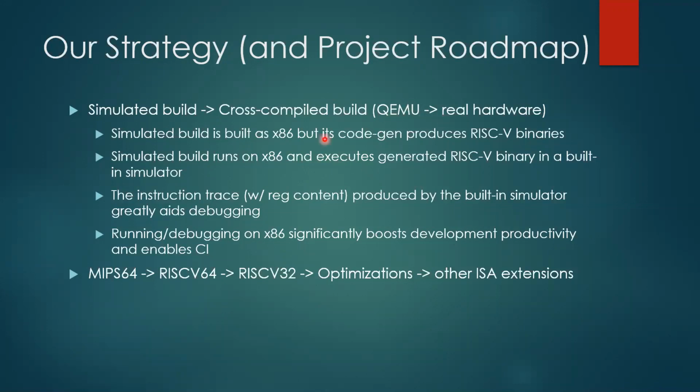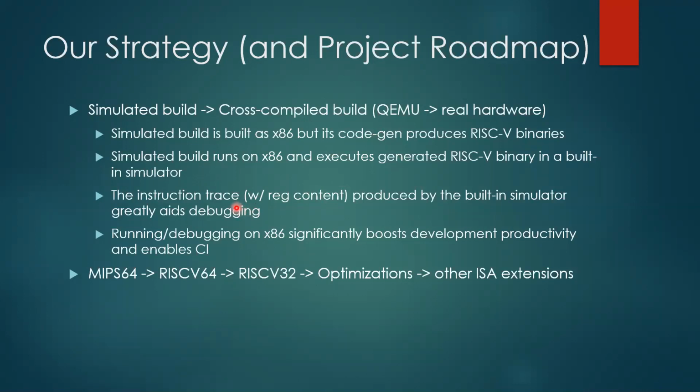The first benefit of the simulated build was just the development environment. Being able to run and debug on x86 is much more productive than running and debugging in QEMU or on real hardware. And you can add CI there, which is very important because we don't want any regressions from subsequent changes. Later on, we found there is a built-in trace option for the simulator.